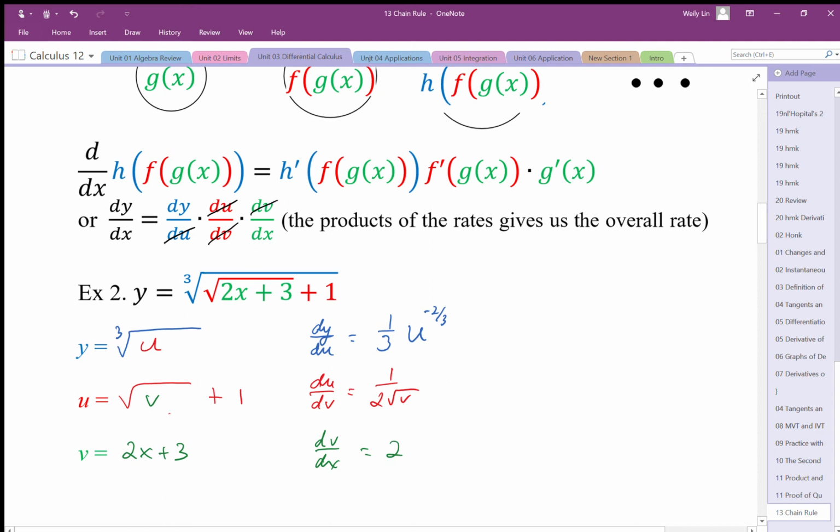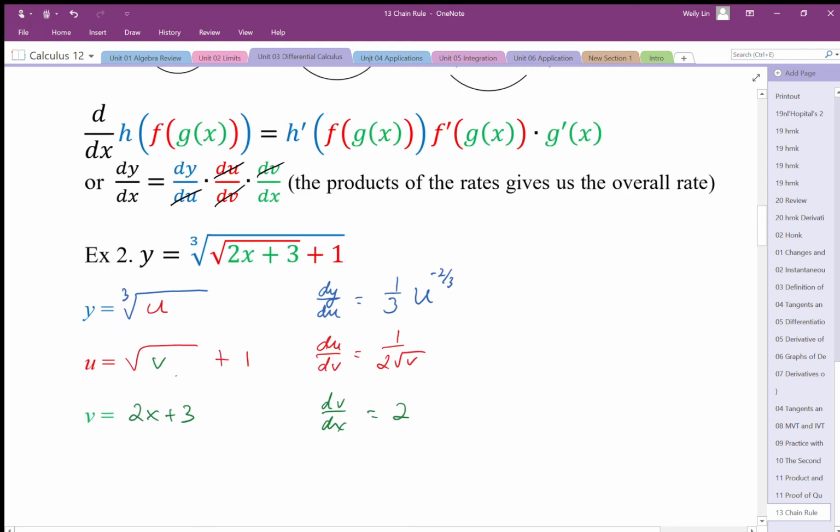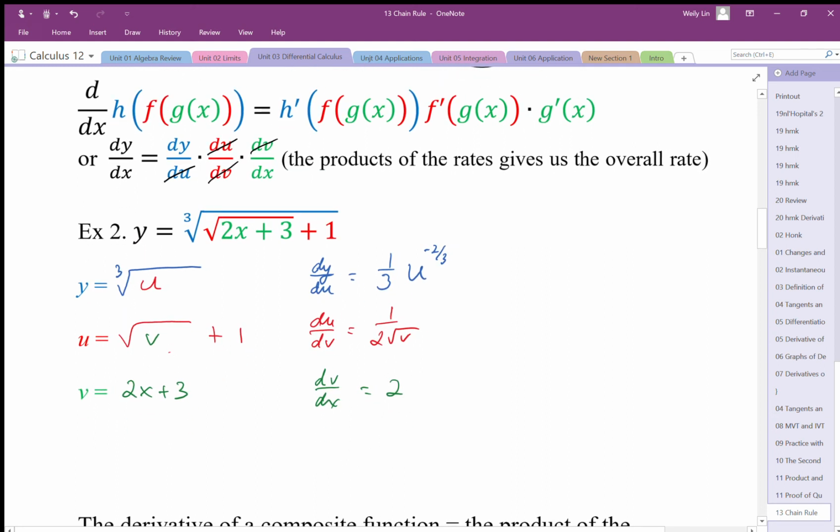If I want to find the rate of change of y with respect to x, I'm just going to multiply dy by du times du by dv. Those du's will cancel out, and then times dv by dx, and the dv's cancel out. So my overall rate of change is just the product of this multiplication chain, thus the chain rule.